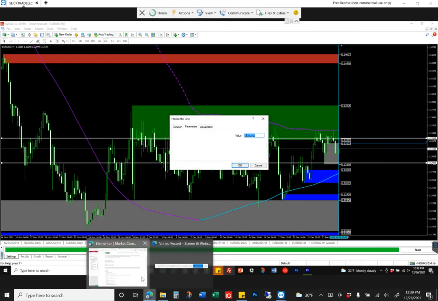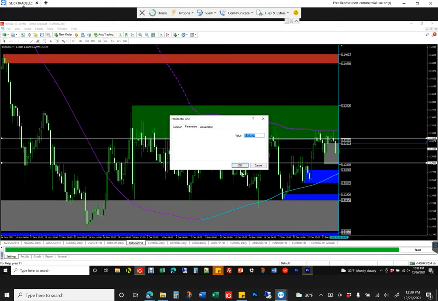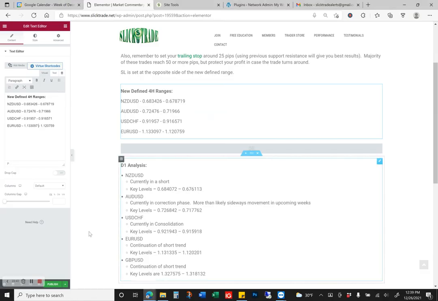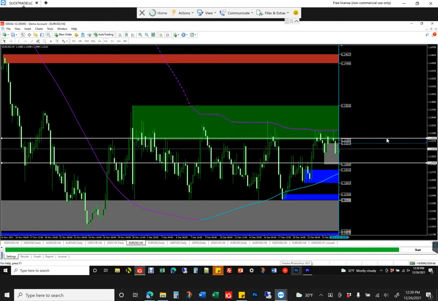Here's the upper portion of the new defined range, and here is the lower. Lock those in place. Screenshot.